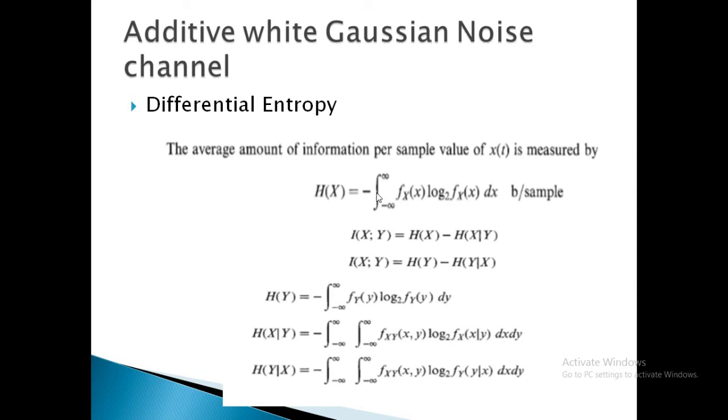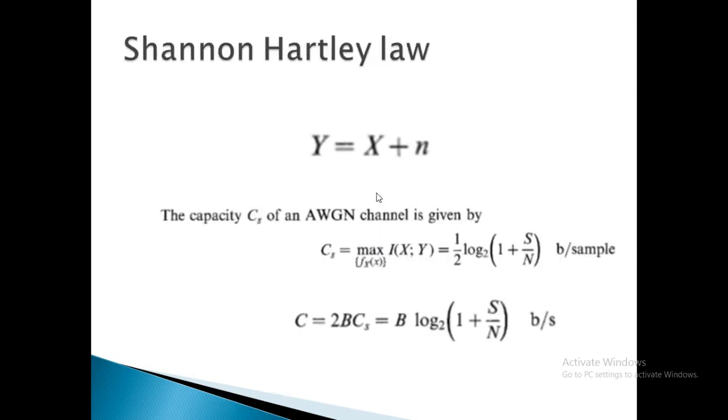H of y given x is equal to minus the double integral from minus infinity to plus infinity of f of x comma y log base 2 of f of y given x dx dy. And Shannon-Hartley law. In the additive white Gaussian channel, the output is represented as y, x is the input, and n is the additive band-limited Gaussian noise with zero mean and variance equal to sigma squared.